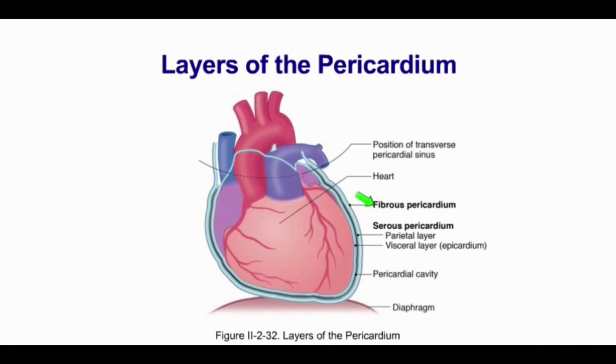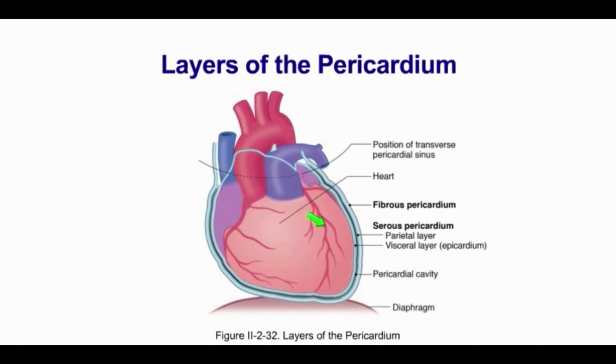And if it can't expand outward, it's going to expand inward. And that inward expansion of the cavity to accommodate that increased volume is going to be compressing the heart.